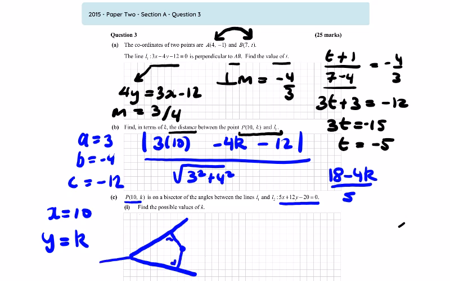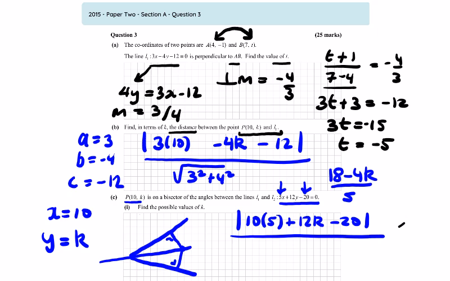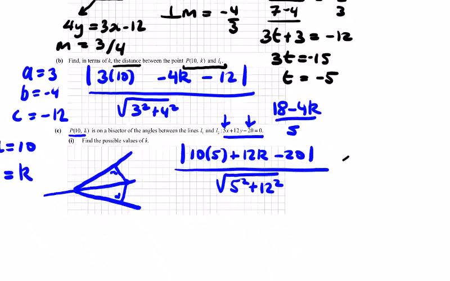So we just need to do perpendicular distance again: A x1, so 10 by 5 this time, plus k by 12, 12k, plus C, which is minus 20, all over the square root of 5 squared plus 12 squared, which is equal to 13.